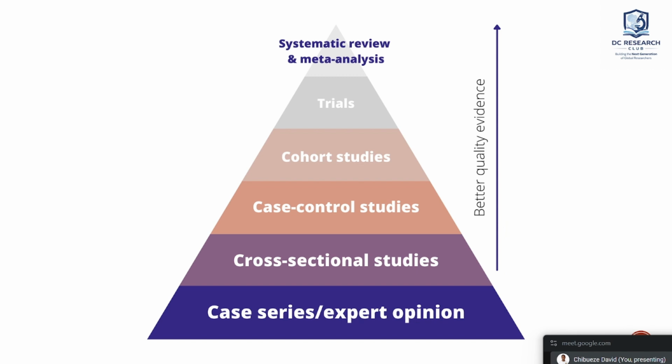So now I have the different types of study design based on their quality of evidence. We have the case series or expert opinion, cross-sectional studies, case control, cohort studies, we have the experimental work or trials, you can say clinical trials, and we have the highest kind, which is systematic review and meta-analysis. Now I want to explain this. What does systematic review mean and what does meta-analysis mean?